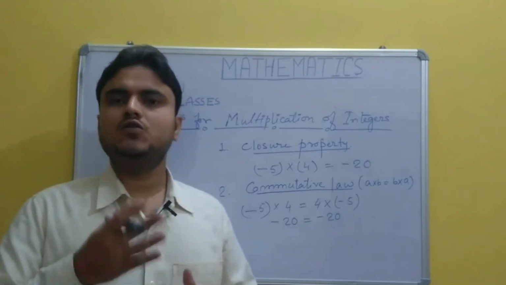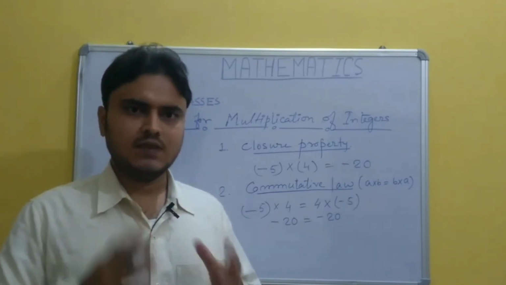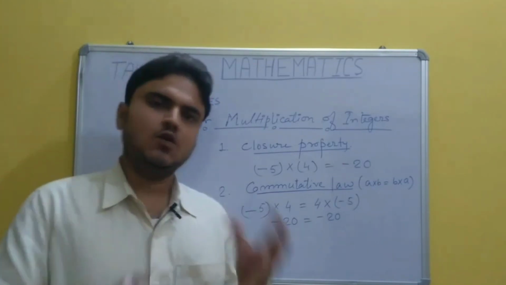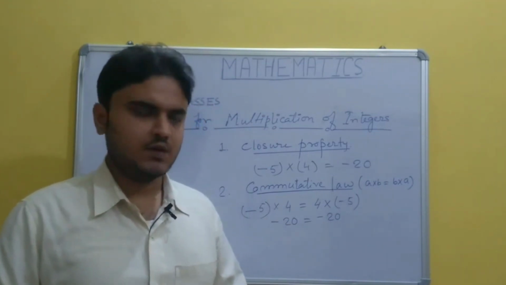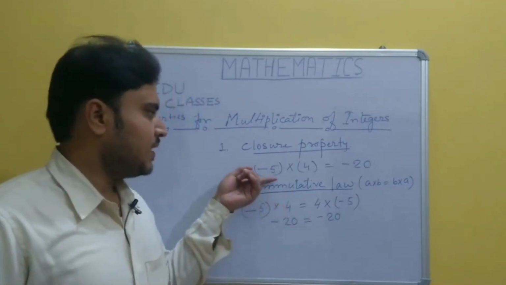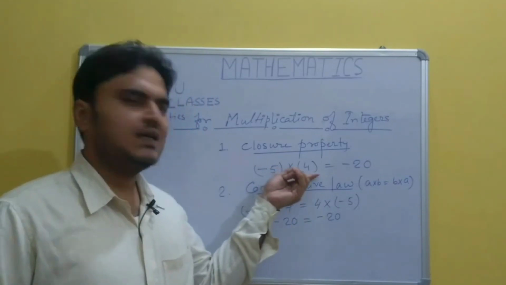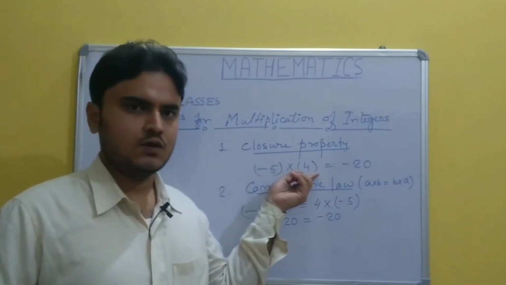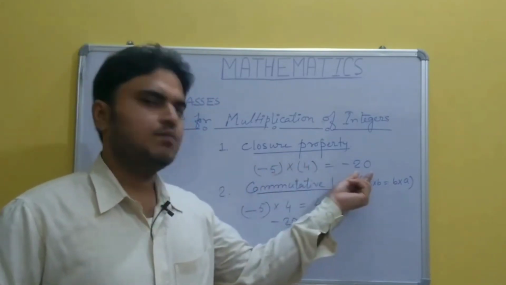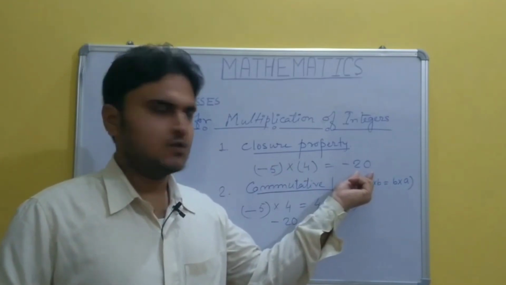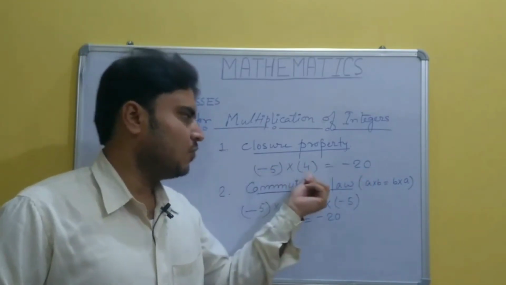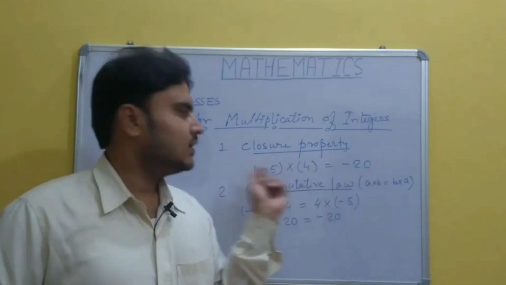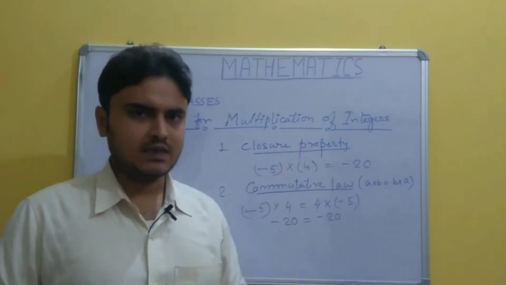If we multiply two integer numbers, then the result will also be an integer number. Just for an example, minus 5 multiplied with 4 gives minus 20. So minus 5, 4 and minus 20, these are all integer numbers.